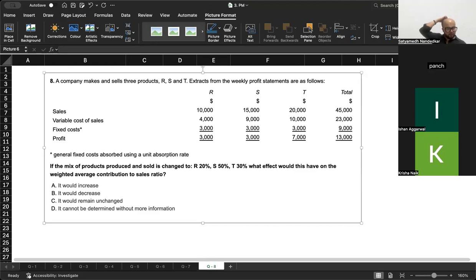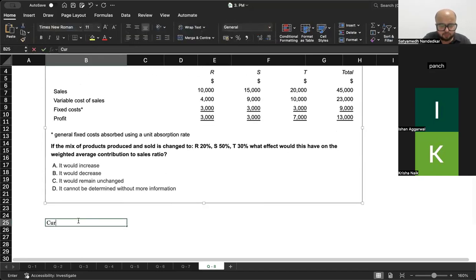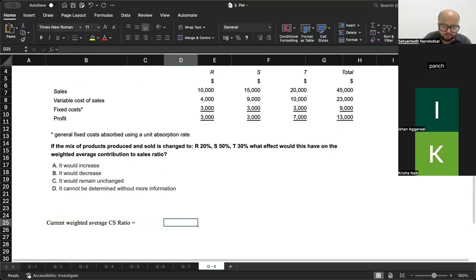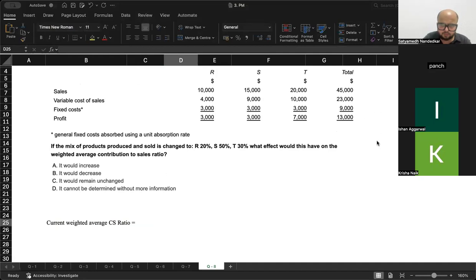If the mix of products sold was changed to 20, 50, 30, what effect would this have on the weighted average CS ratio? First of all, tell me, what is the current weighted average CS ratio? Now tell me, what is in the numerator and what is in the denominator? Total contribution divided by sales.